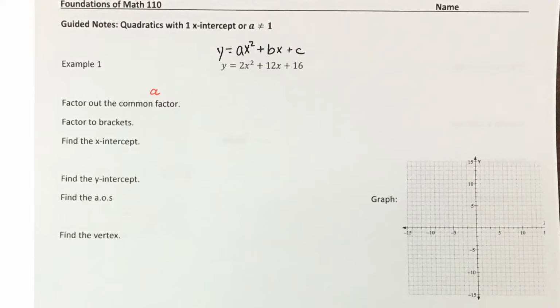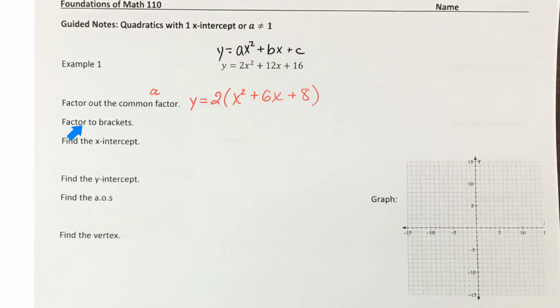So they all have that in common, and we are going to factor that out. That means we rewrite this as y equals 2, and I'm factoring that out, so I put it out in front. What I have left is x squared plus 12x divided by 2, which is 6x, plus 16 divided by 2, which is 8. So I factored out a common 2.